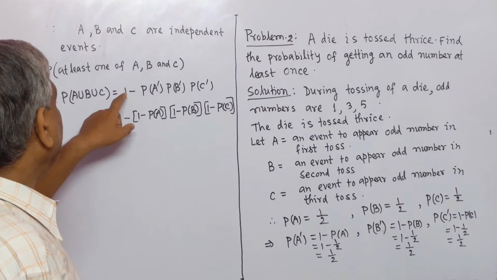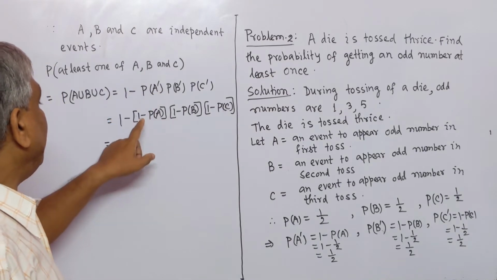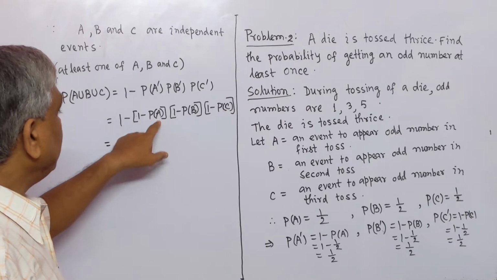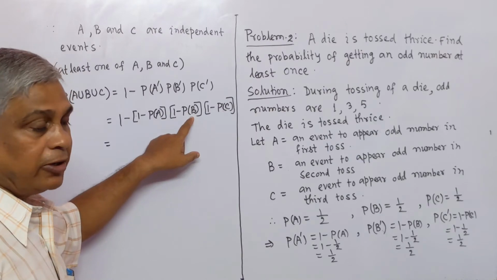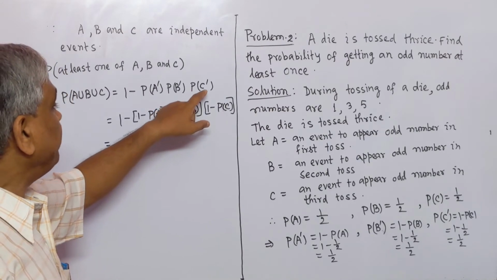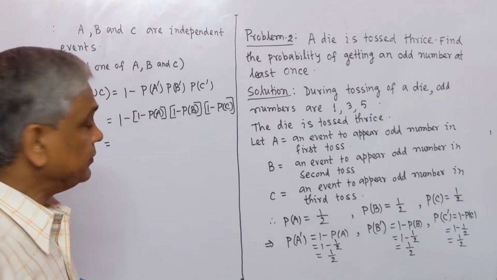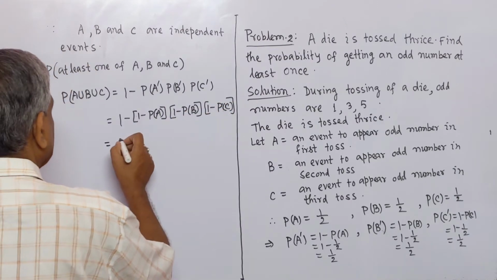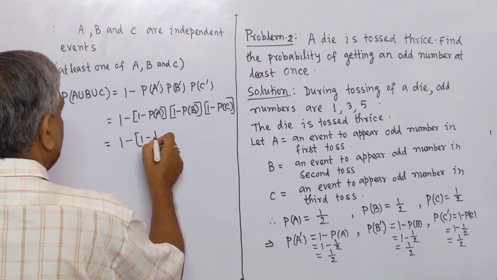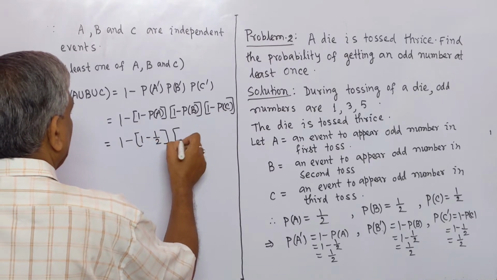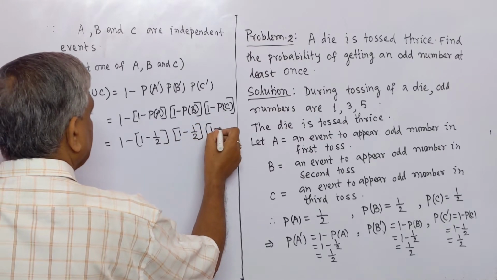Here probability of complement of A means 1 minus probability of A. Probability of complement of B means 1 minus probability of B. Probability of complement of C means 1 minus probability of C. And this equals 1 minus, here 1 minus half, here 1 minus half, here 1 minus half.